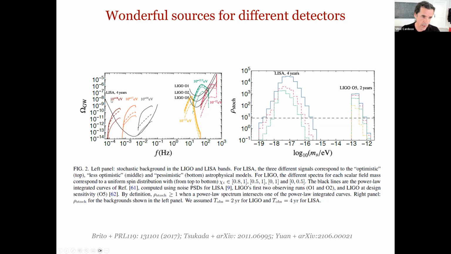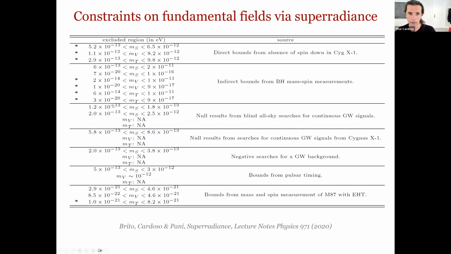LISA will be excluding bosons of mass 10^-18 or 10^-19 electron volt. It's a beautiful thing. And if you go to my lecture notes, you will find the different type of observations that are able to exclude boson masses in a really wide range of masses.